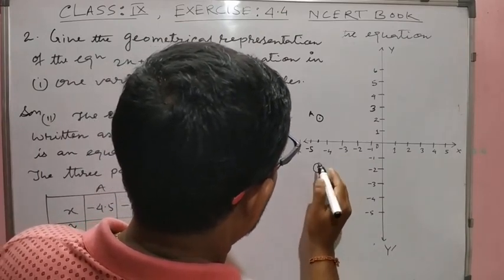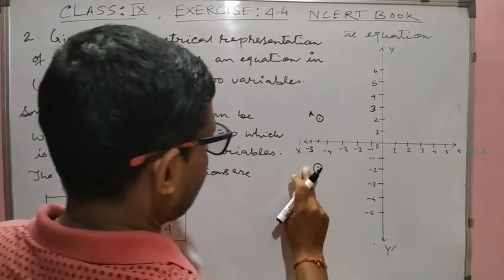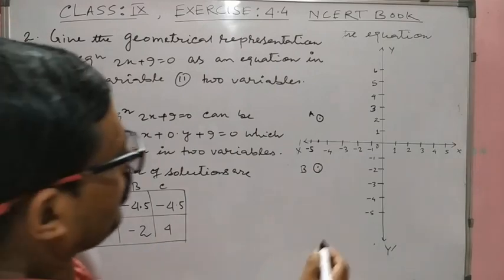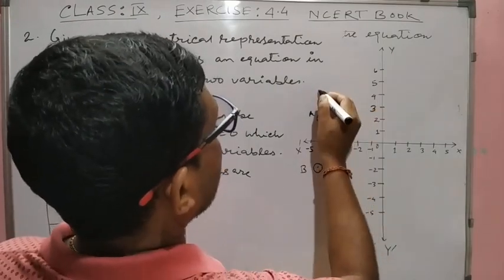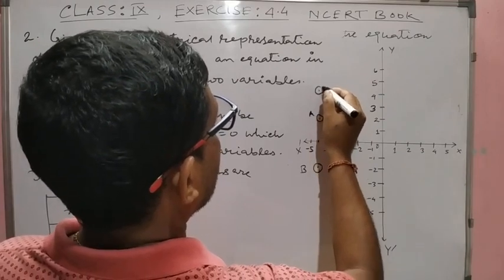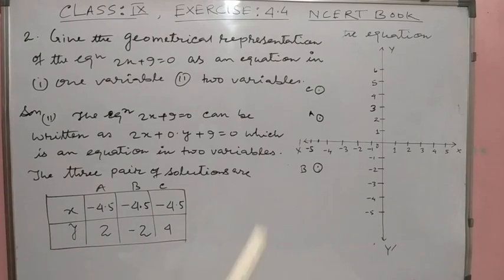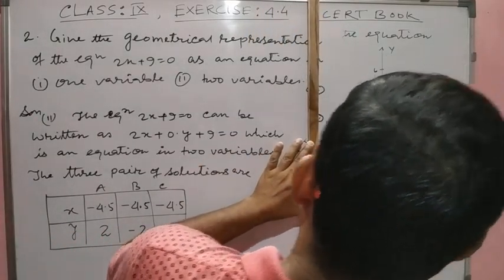This will be B. Minus 4.5 comma 4, definitely it will be here. It will be C. Now if we join these points, we definitely get a straight line.